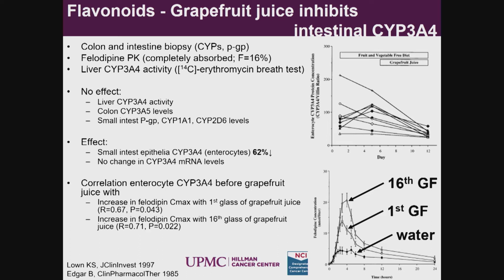It also studied liver CYP3A4 activity with the erythromycin breath test. No effect was documented of grapefruit juice on liver CYP3A4 activity, CYP3A5 levels, or small intestinal PGP, CYP1A1 or 2D6 levels. The effect was really focused on the small intestinal epithelial CYP3A4 levels, a 62% decrease, and this is shown here in the top right graph.